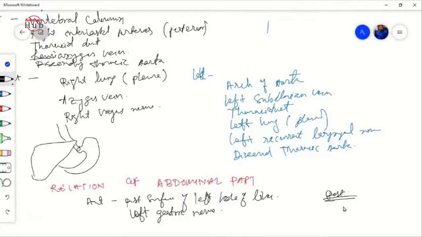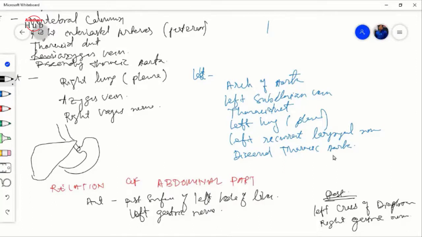Posteriorly, we will find the left crus of the diaphragm, and you will find the right gastric nerve.